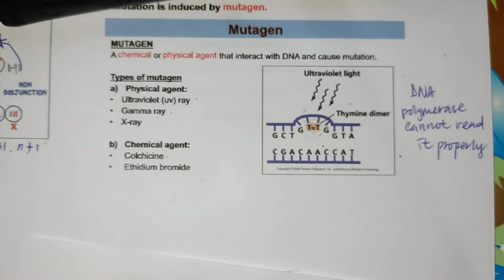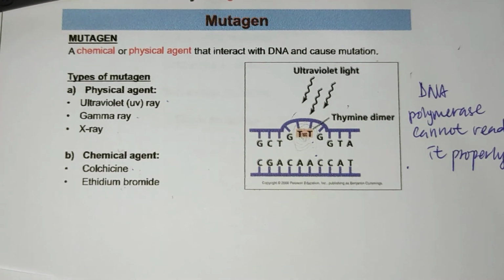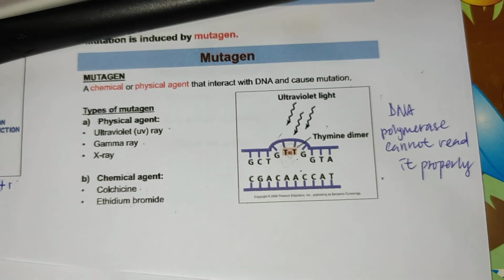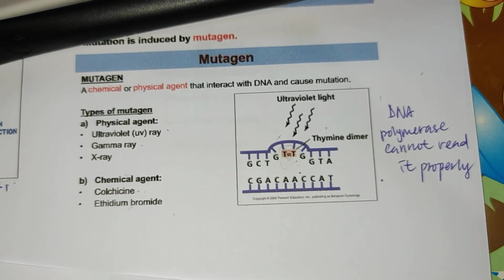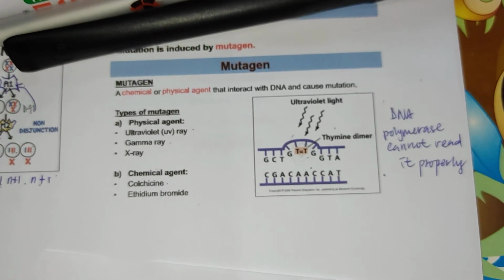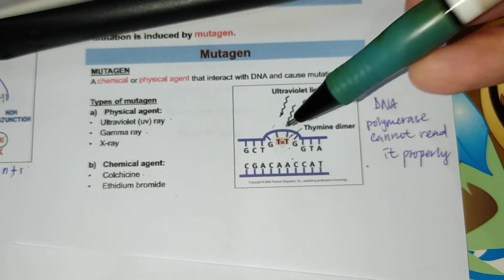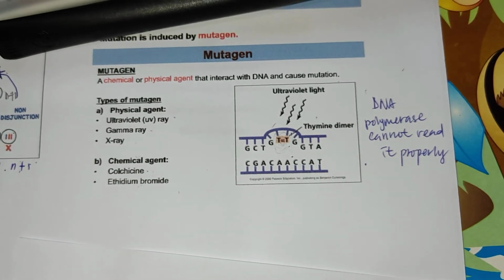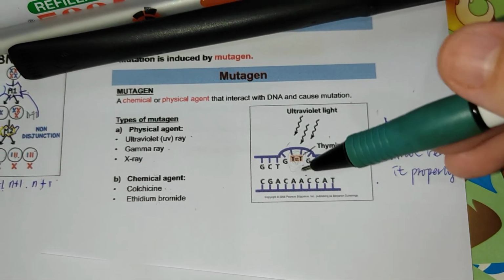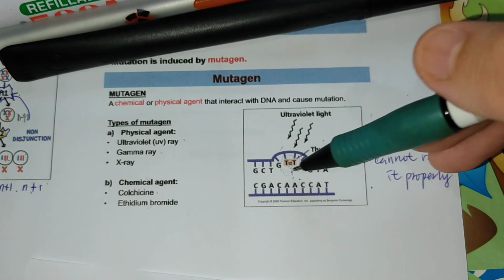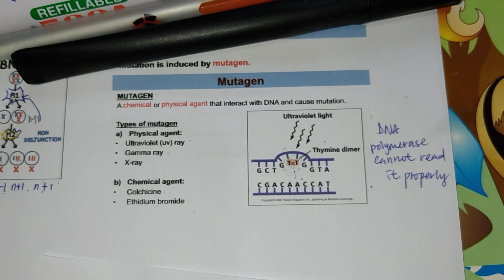Physical mutagens, their examples are ultraviolet rays, gamma rays, X-rays. So this is an example of that UV ray on your DNA. When the DNA is exposed to UV rays, the thymine bases can sometimes form thymine dimer. That means instead of holding hands with the base that is across from it, it holds hands with the thymine next to it.